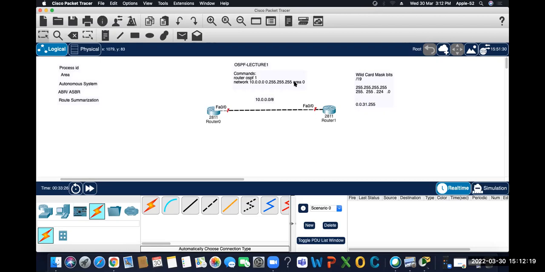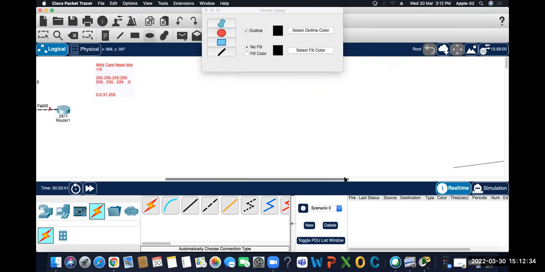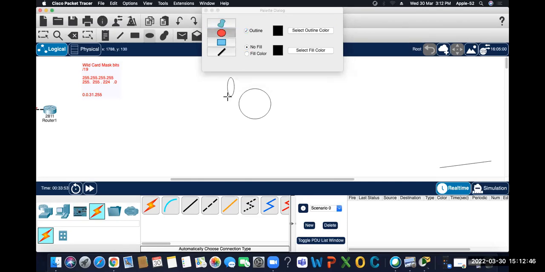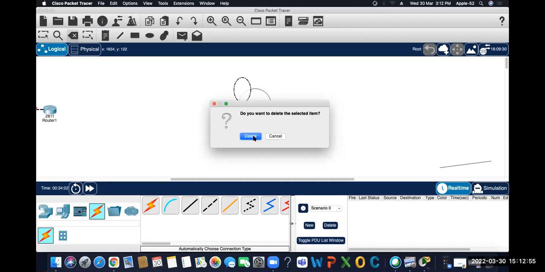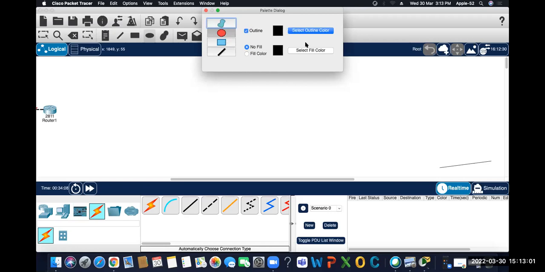Now comes area. This is a very, very important concept and a difficult one, I think. Area. What is the meaning of area? Actually, for managing big networks, we divide our network into areas.